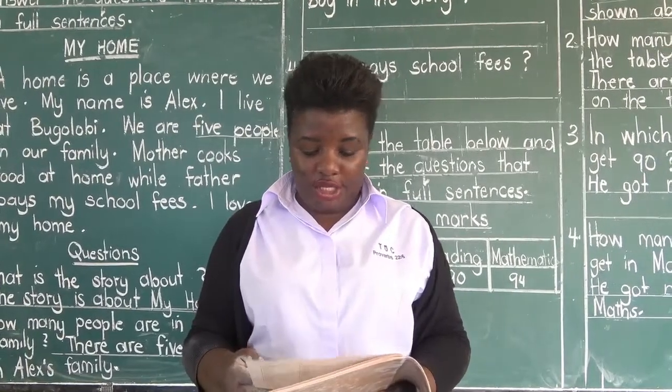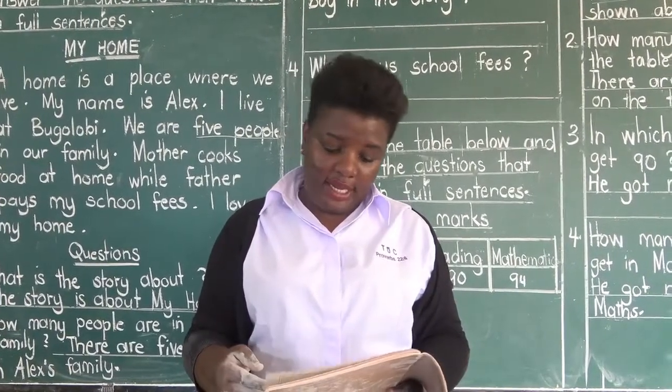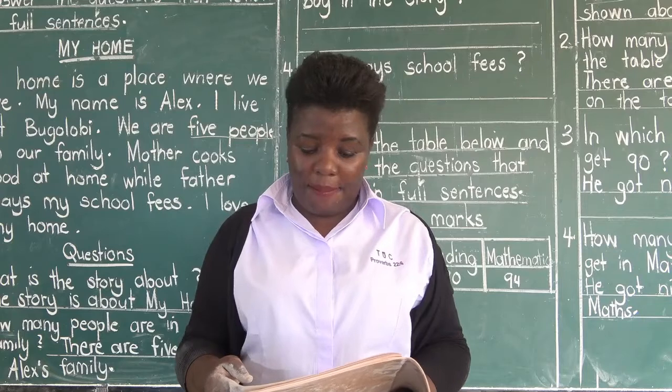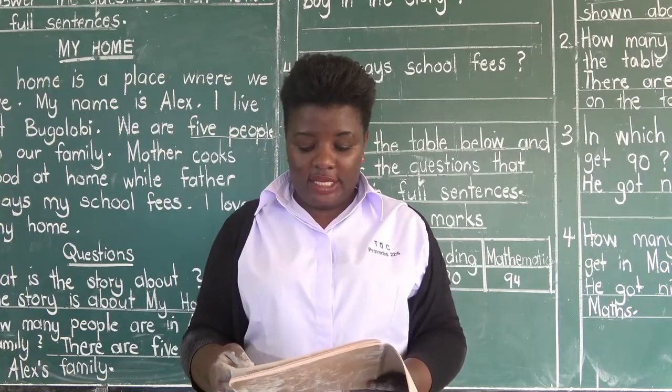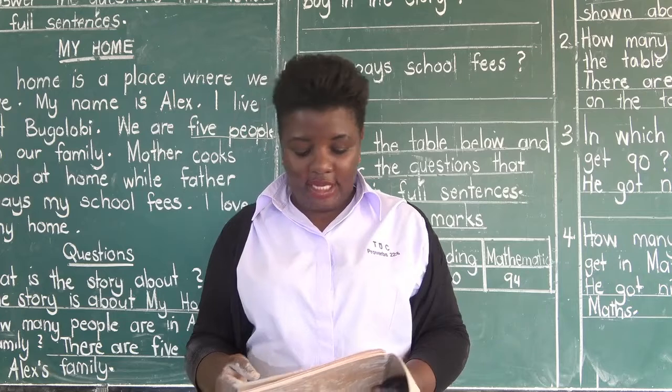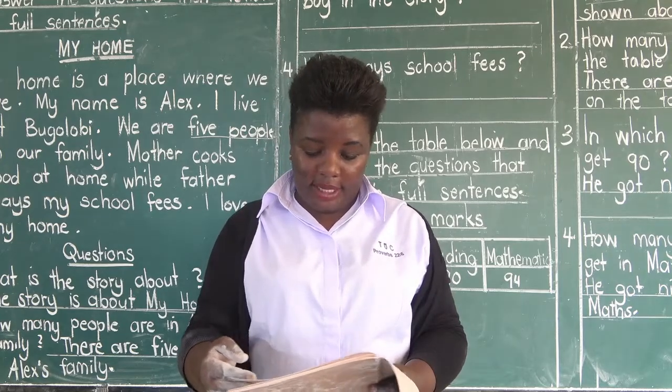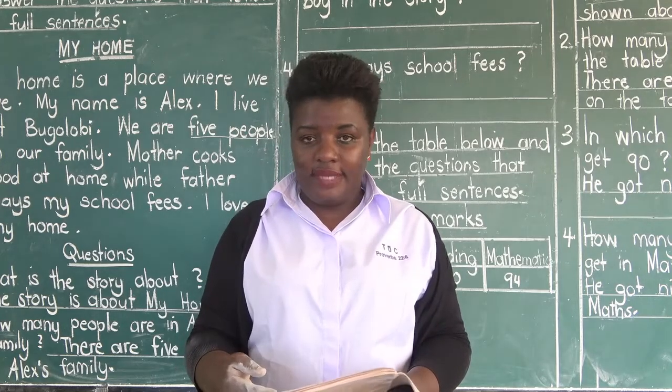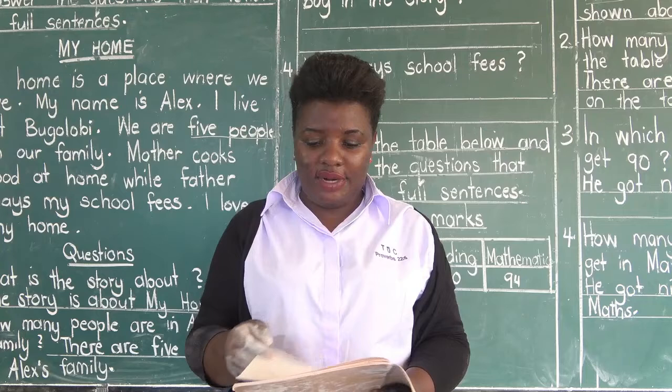Jack and Jill went up the hill to fetch a pail of water. Jack fell down and broke his leg, and Jill came tumbling after. I think you know that rhyme.